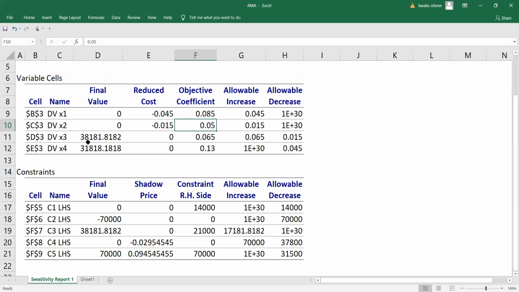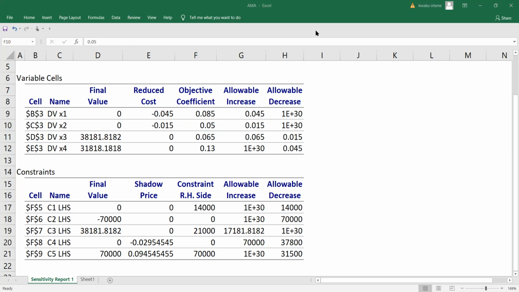The first one is 38,181.8. Okay, let's deal with two decimal places. And when you actually take this, you realize that it will be equal to the total investment anyway. But let me just continue.